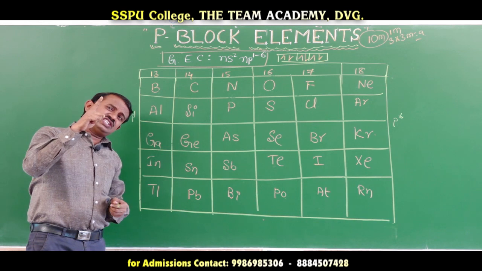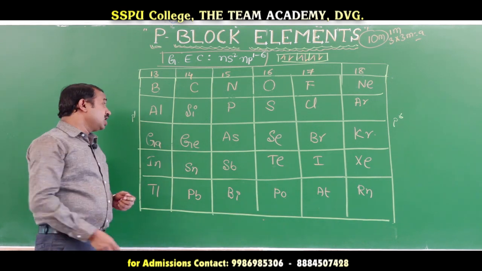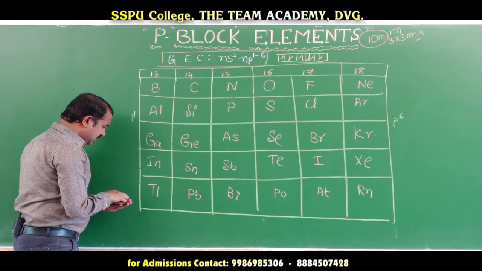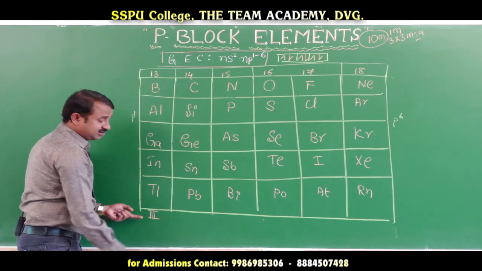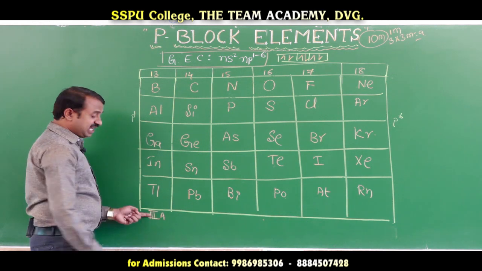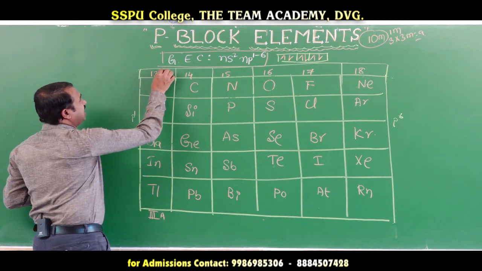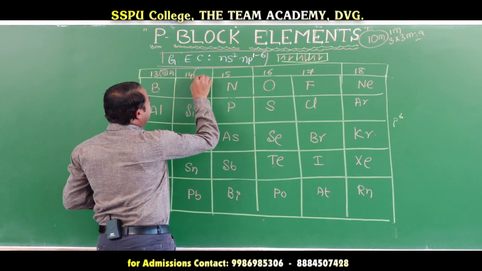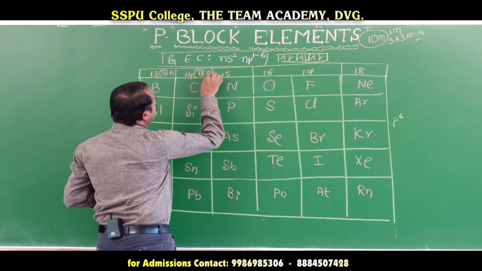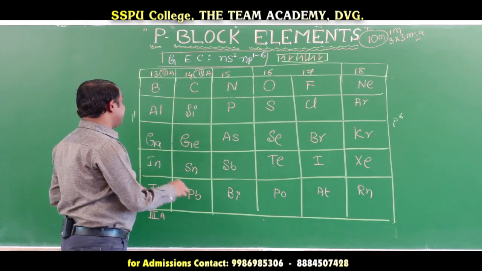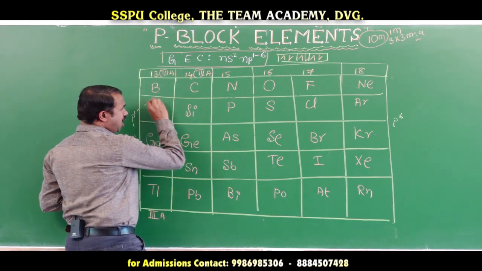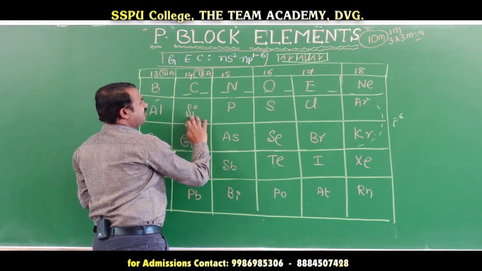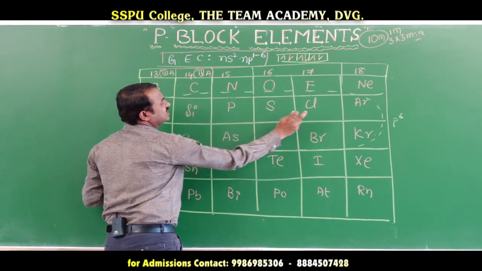Alkali metals have oxidation state +1, and alkaline earth metals +2. For the P block elements, the oxidation state depends upon the group: the 3A group or 13th group, then the 4th A group, and so on, up to 5, 6, 7.